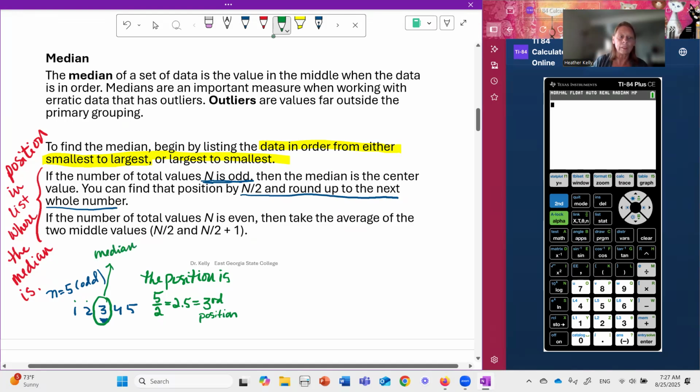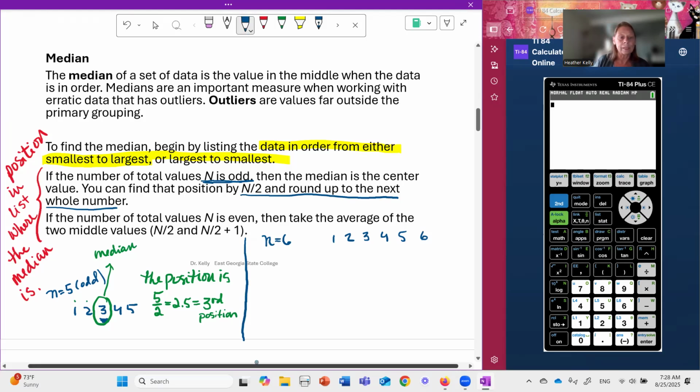Now it's different if we have an even number of terms. So let's say n is equal to 6. And I'll write my list here as 1, 2, 3, 4, 5, 6. That's our data points. I'm just making it easy. It could be any numbers there as long as they were in order.